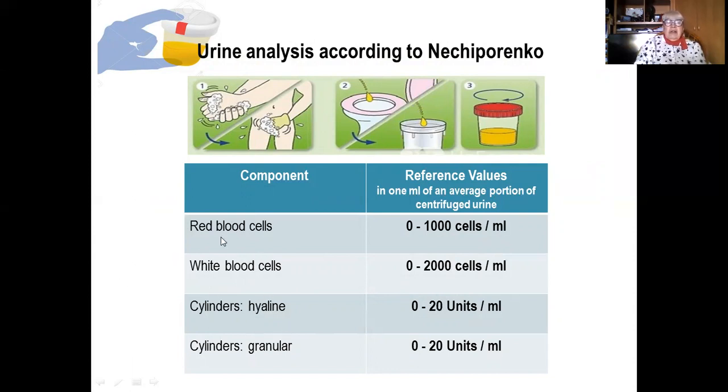As you see here, red blood cells, reference values up to 1,000 per milliliter, white blood cells up to 2,000 cells per milliliter, and casts up to 20 units per milliliter.